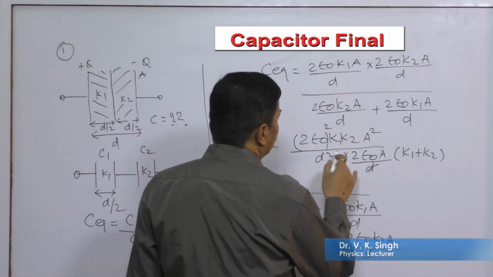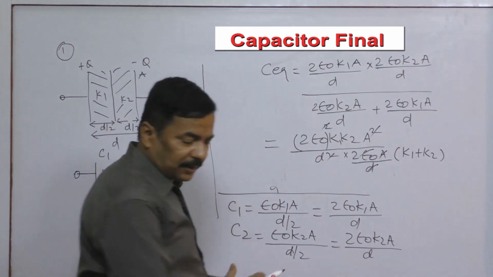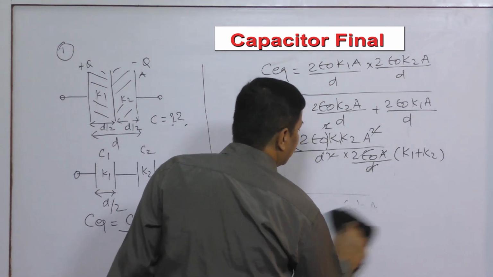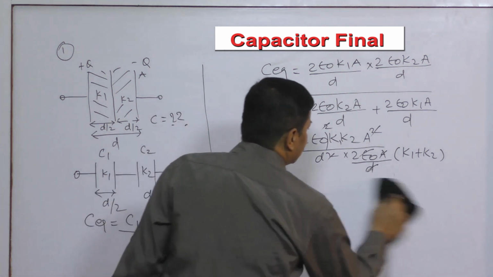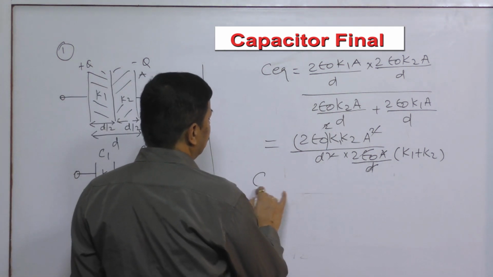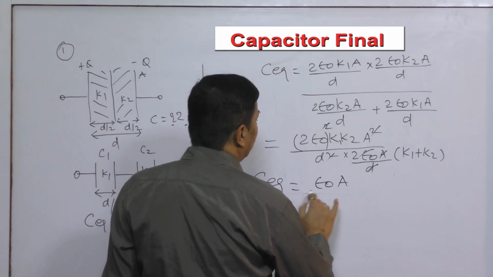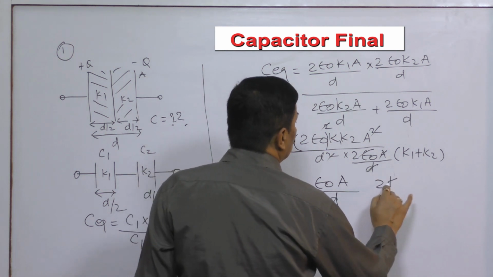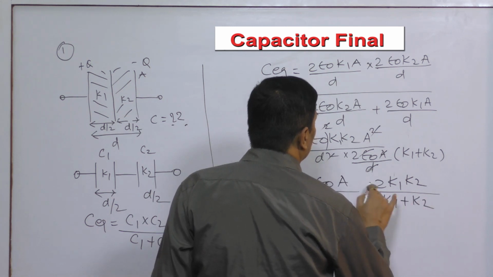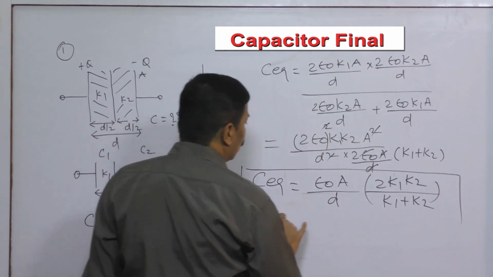So this D will cancel, 2 epsilon naught A square will cancel. So what is our result? We are very near to our result, and that result is C equivalent is equal to epsilon naught A by D into 2 K1 K2 by K1 plus K2. This is the expression for C equivalent.